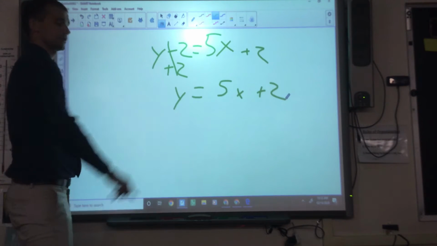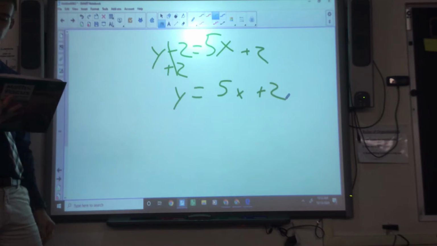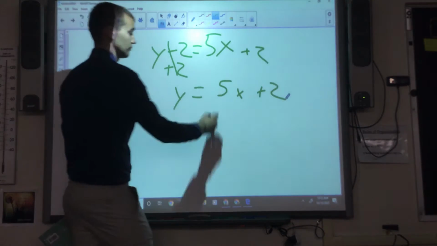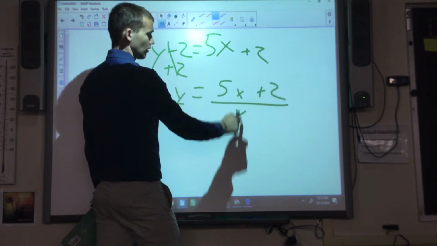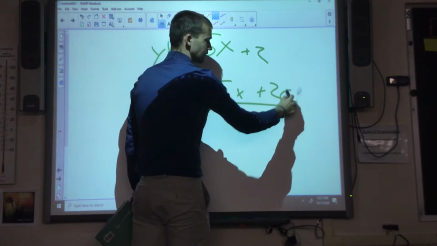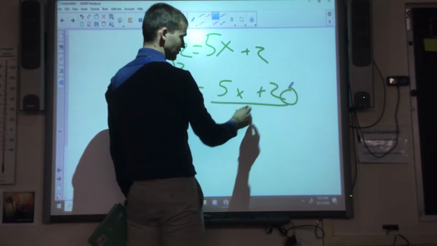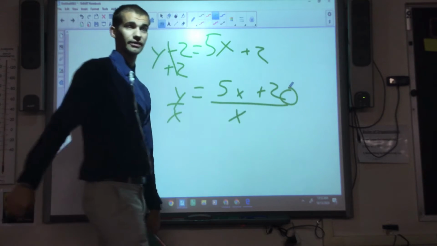What do I do to get x over on this side? Divide by x? Here's the thing though. There's no x here. If there was an x here, then I could add them together and get rid of it. But right now, as it stands, I can't divide by x because both of these need to have x in common.